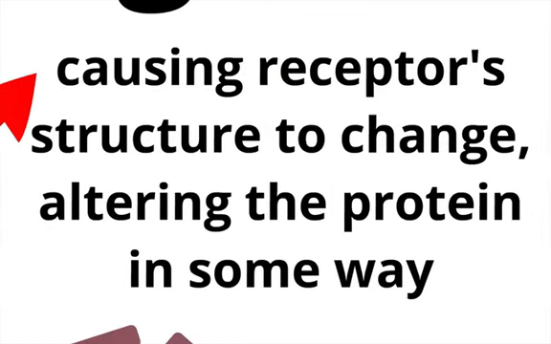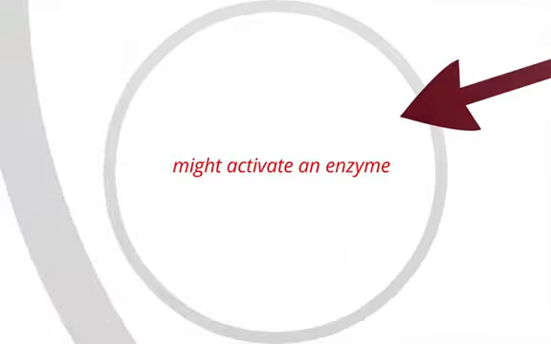When that happens, this causes the receptor structure to change, usually altering that protein in some way. And there's several ways that that can happen. Let's look at three. The first is when a ligand binds to a receptor, it might turn on an enzyme, just like a key starting up an engine. Another possibility is that it might open or close a chemically gated ion channel.